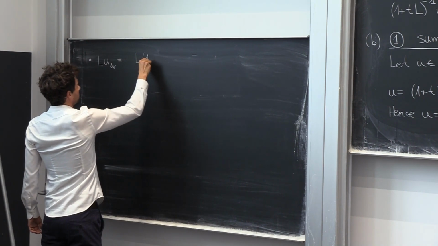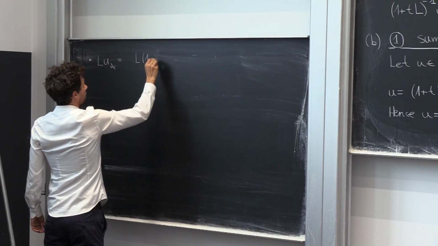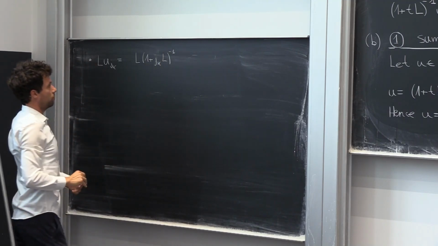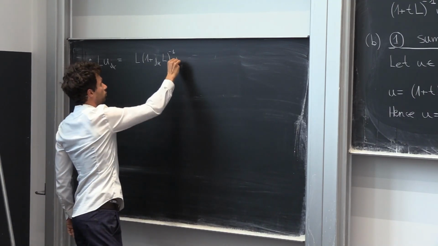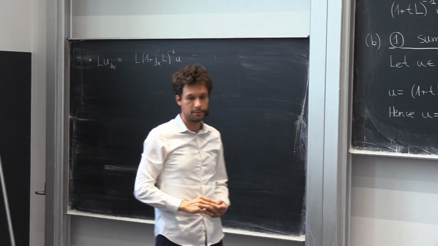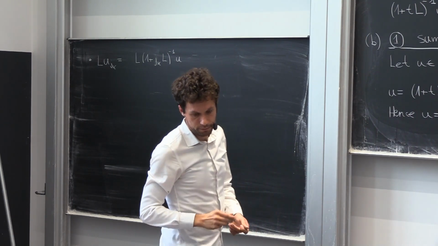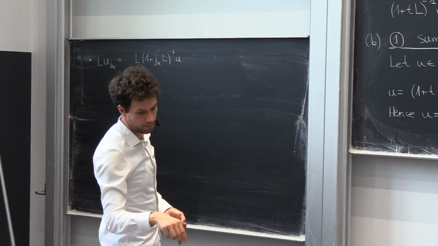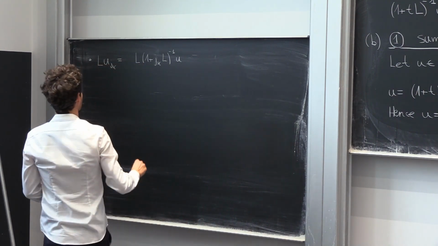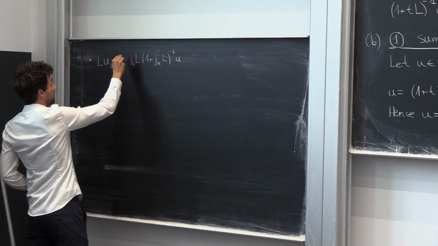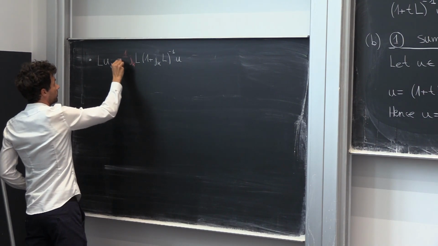This is L times (1 plus j_k L) to the minus 1 applied to u. Okay, now I have to do some sort of similar trick as before. I'm introducing by brute force a j_k and I'm compensating by a 1 over j_k.